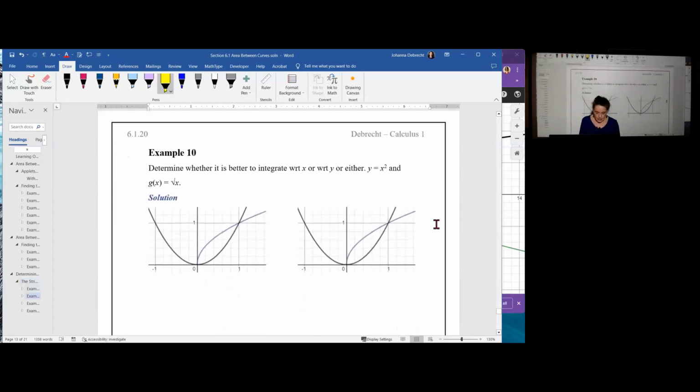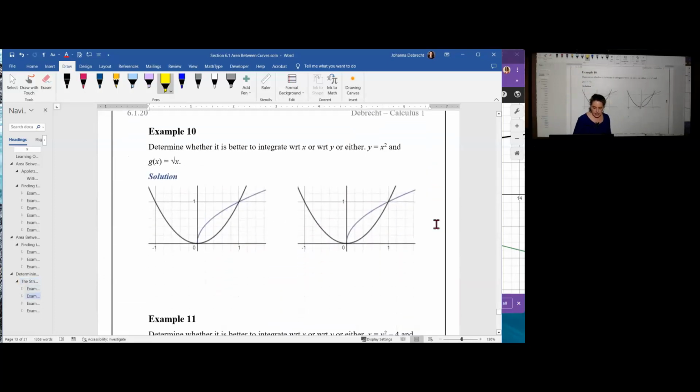Let's look now at example 10. In example 10, you can see that I have a graph of what appears to be x squared and the square root of x. Do you think it would be easier to go with respect to x or y?